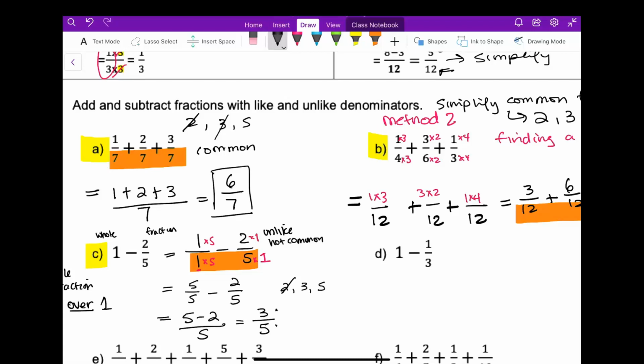No. To check 3, can they both be divisible by 3? No. The numerator can, but the denominator can't. How about 5? The denominator can, but the numerator cannot, so this doesn't work either. Therefore, my 3 over 5 is as simplified as can be.